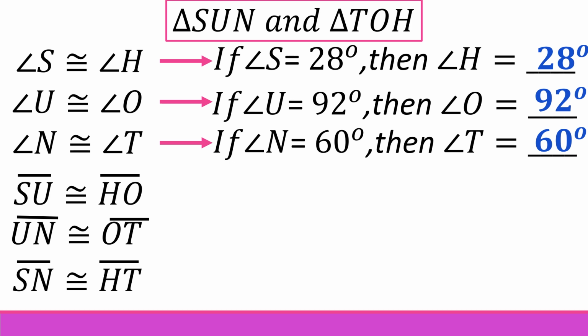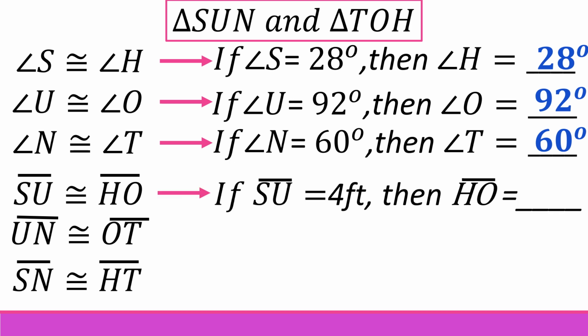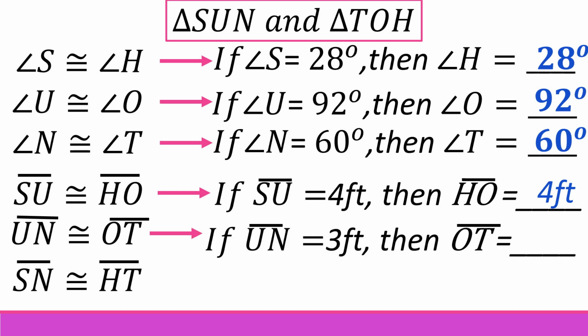Now, if side SU is congruent to side HO, and if side SU measures 4 feet, then what is the measure of side HO? Definitely, it also measures 4 feet because the two sides are congruent. Side UN is congruent to side OT.